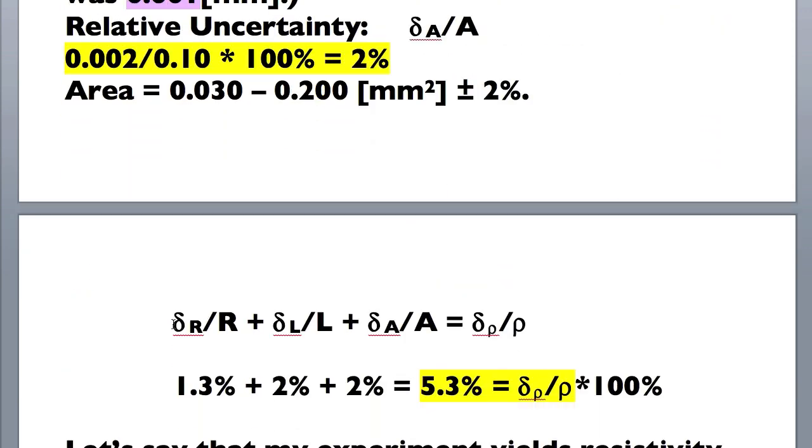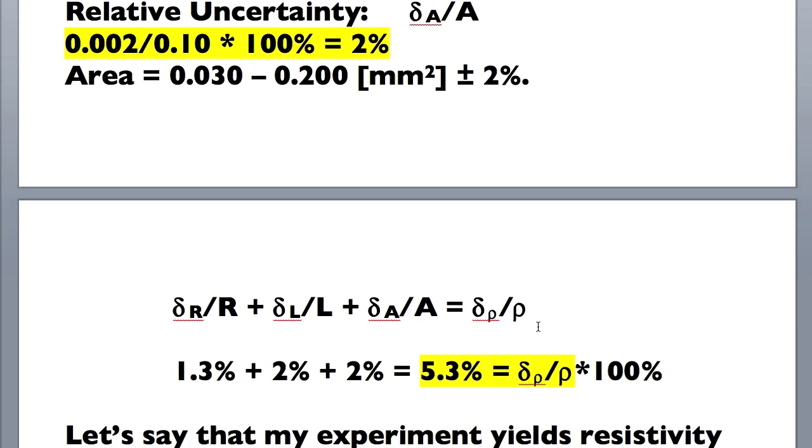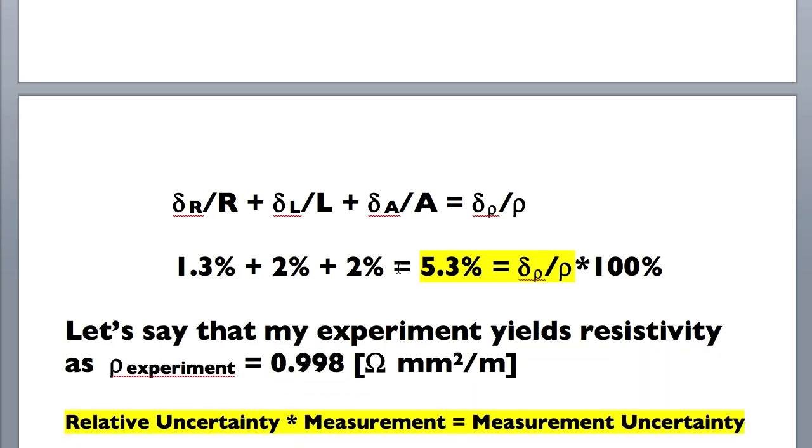So when we add up the relative uncertainty in resistance and that of length and that of area, it gives us the relative uncertainty in resistivity. In other words, we get 5.3% relative uncertainty in resistivity turned into a percentage.